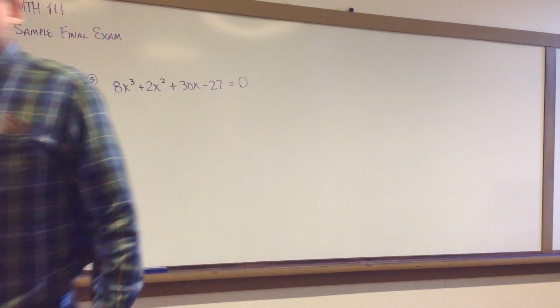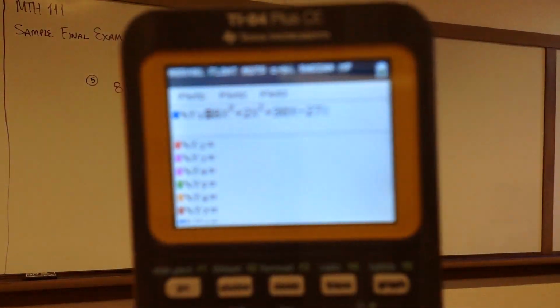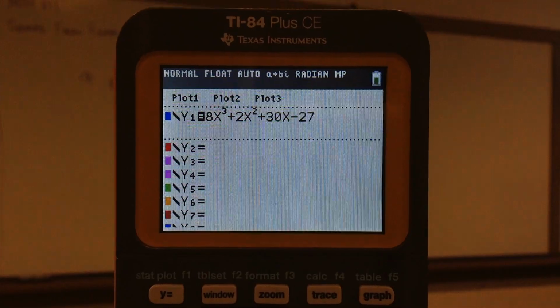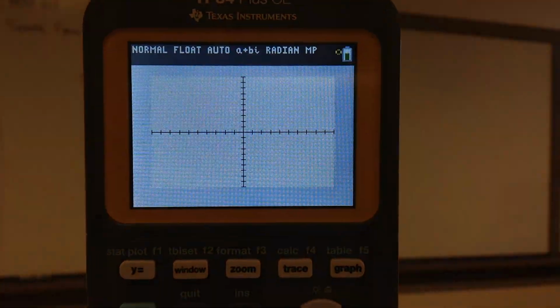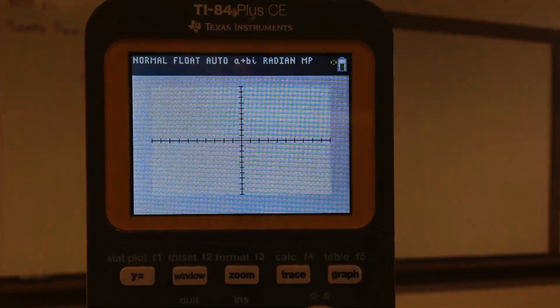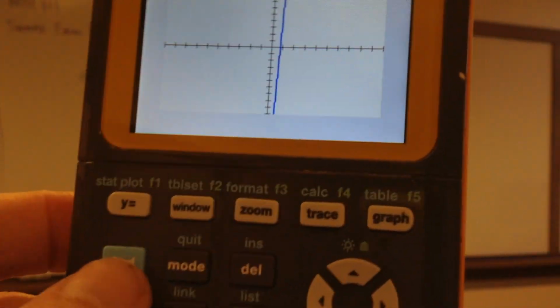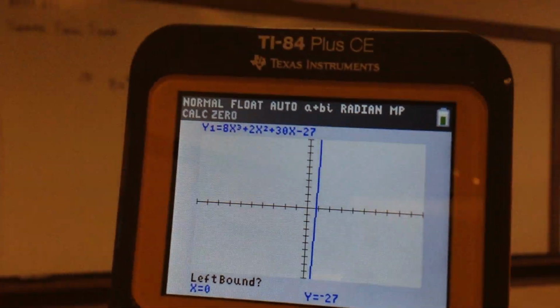So, let me show you what it looks like on the calculator. So there it is typed in, and then if we go to our standard window, there's our graph.